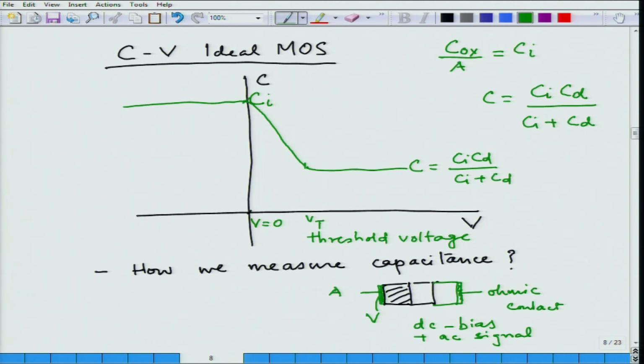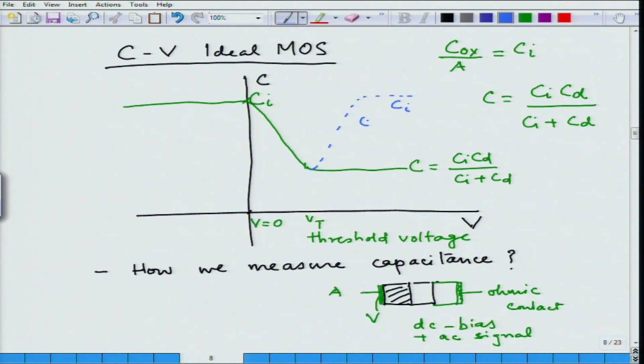But in reality it is a little bit dependent on the frequency, because if I do the measurement at low enough frequency, then the carriers are able to respond properly, and the curve that I get at low frequency is, after depletion and once inversion starts, I am going to get back the Ci curve.